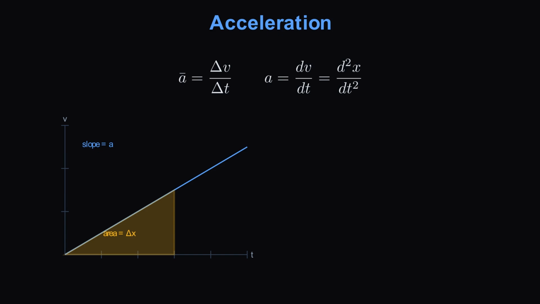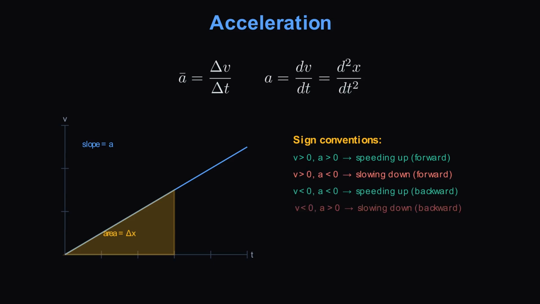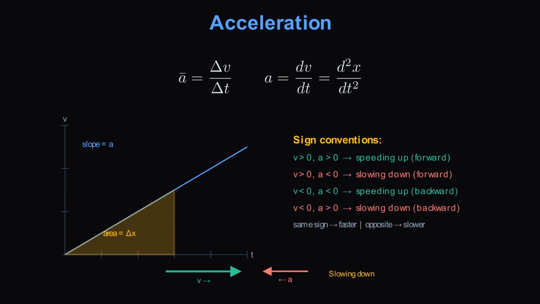It tells you the direction of the change in velocity. You determine whether the object speeds up or slows down by comparing the signs of velocity and acceleration. Same sign means speeding up. Opposite signs means slowing down.